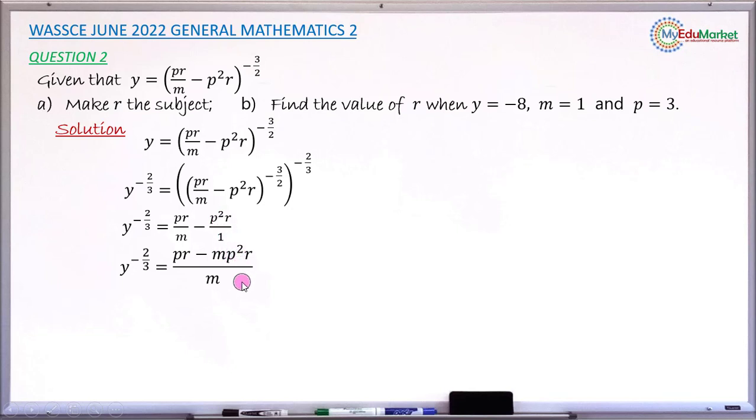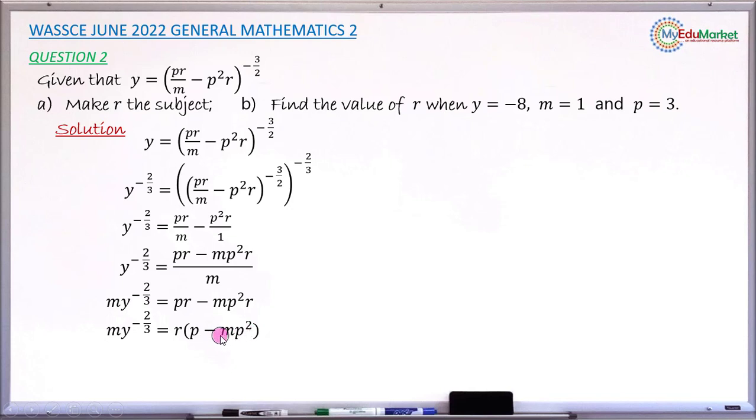Next is to cross multiply so that you clear this fraction. When that is done correctly, you have M times y raised to the power of minus 2 over 3 by the left hand side equals PR minus MP squared R. Next is to factorize R from the right hand side. If that is done correctly, you now have R by the right hand side, times P minus MP squared.